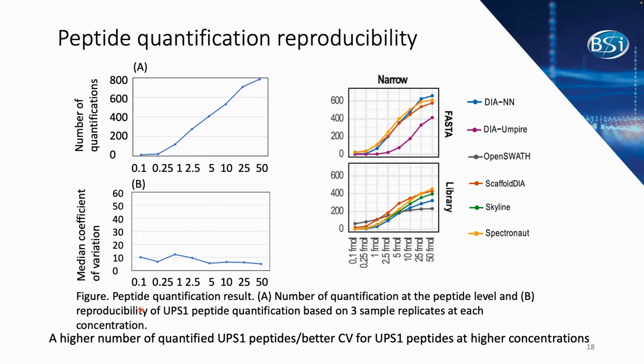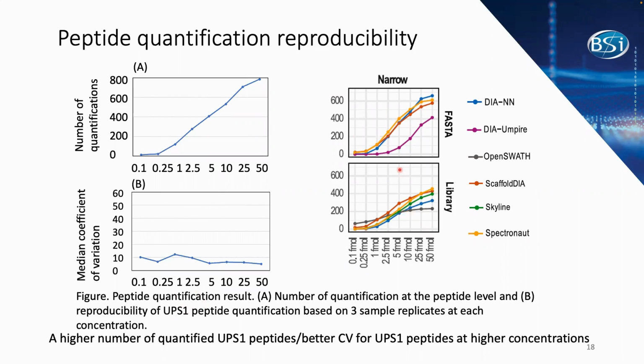On the other hand, the median CV dropped when the concentration increased, meaning the quantification is more reproducible at higher concentrations, which is not surprising since it's possible the signals and noise are hard to distinguish at lower concentrations.